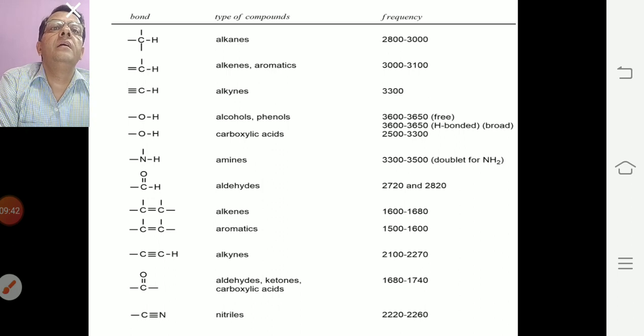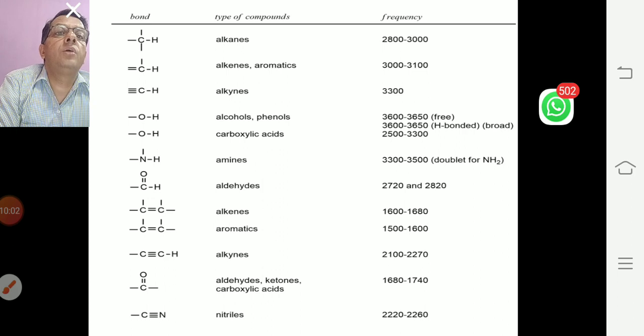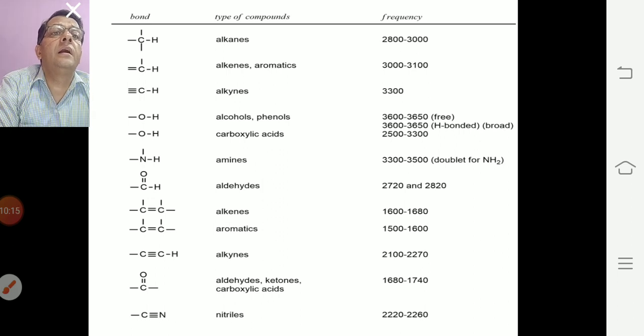Alkanes are generally observed at 2800 to 3000, alkene 3000 to 3100, alkyne after that 3300, and OH in alcohol or phenol is observed at 3600 to 3650 if the OH is free, and if it is H bonded, the signal is broad and it is recorded at 3200 to 3600, but in the case of carboxylic acid, the OH is recorded at 2500 to 3300.